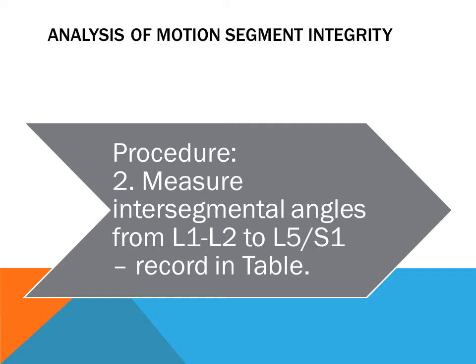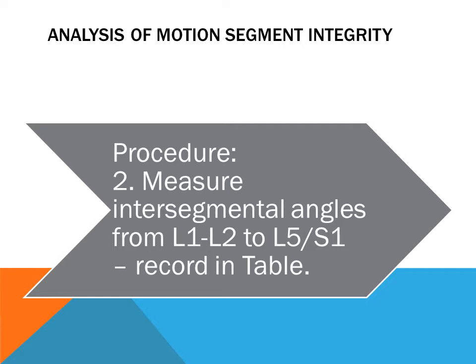Now, you might be thinking, well, wait a minute, why are we doing these measurements on the neutral lateral? We're supposed to do these measurements on the flexion and extension views, and that is true. But adding this one extra step of measuring the global lumbar lordosis and then the intersegmental angles on the neutral lateral gives you your baseline.